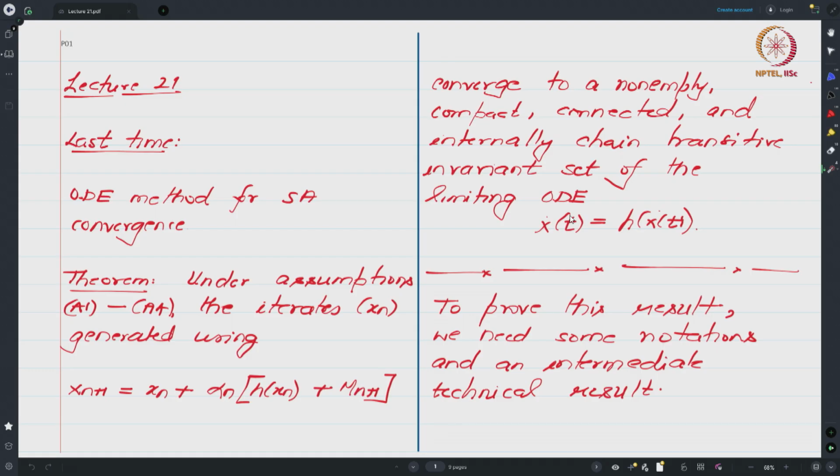Again, I would like to highlight that the stochastic approximation algorithm by its nature is stochastic. By that I mean, if you run this algorithm on different runs, you will see different iterate sequences. On the other hand, this limiting ODE is deterministic in nature, so its invariant sets will not change on different runs of the experiment.